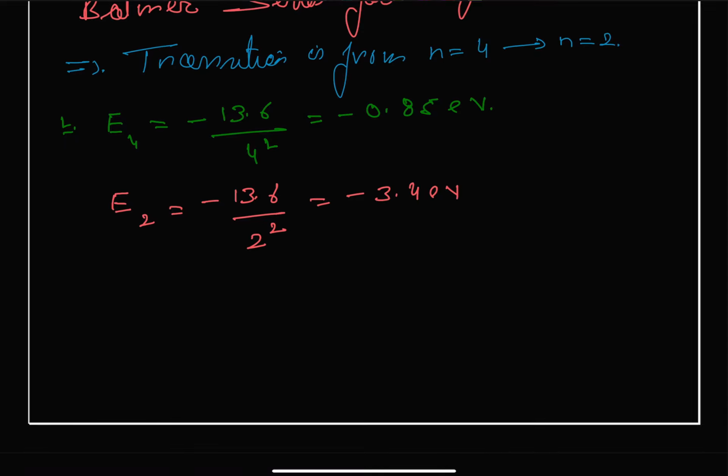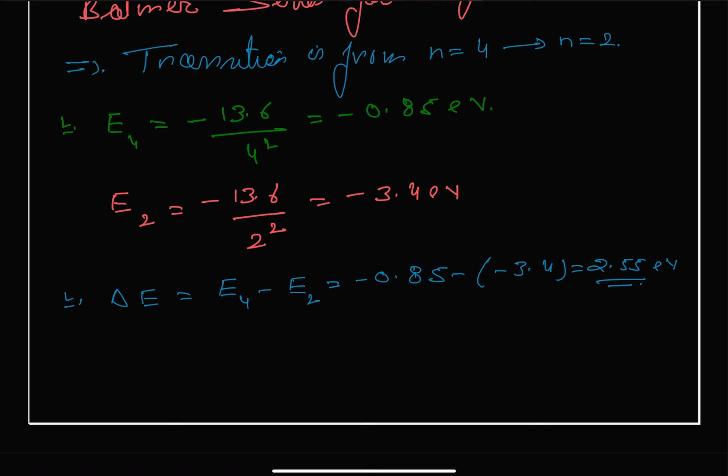Let us suppose that difference is delta E. So delta E will be equal to E of 4 minus E of 2, which gives minus 0.85 minus of minus 3.4, and this gives us 2.55 electron volt, and this is nothing but the energy of photon.